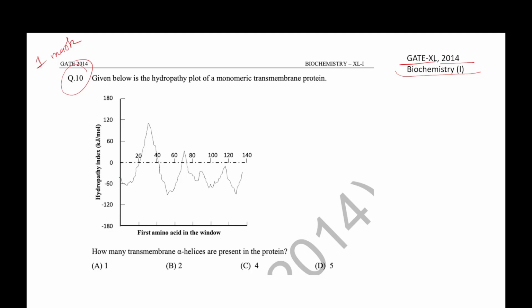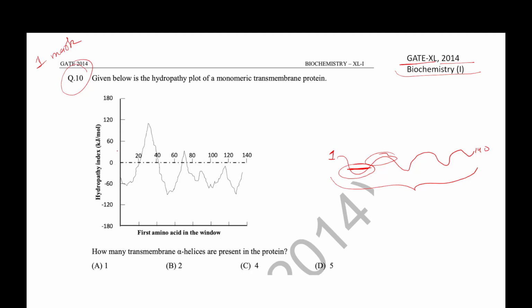The protein is 140 amino acids long, so 1 to 140, this entire amino acid structure is there, and they are trying to plot which region consists majorly of hydrophobic amino acids and which majorly of hydrophilic amino acids.